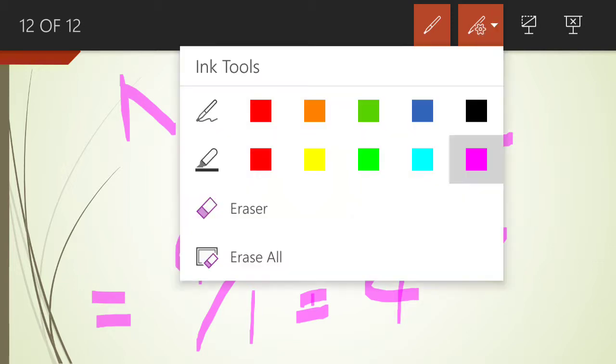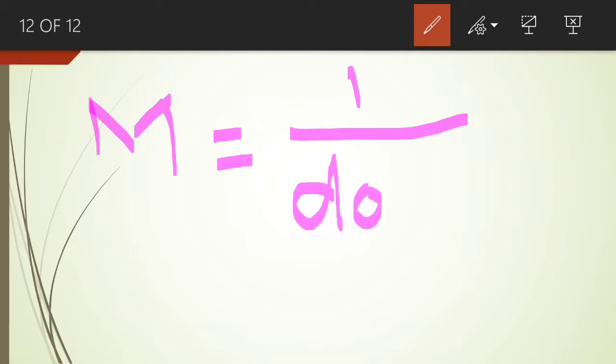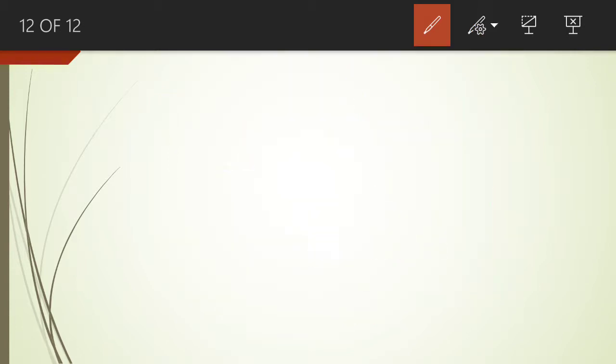Now we consider another equation. We know that m, the magnification of the spherical lens, is basically equal to 1 divided by d naught over f minus 1. We know this particular equation. Okay. So we rearrange this equation, and the rearrangement gives you d naught divided by f minus 1, which is equal to 1 over m.